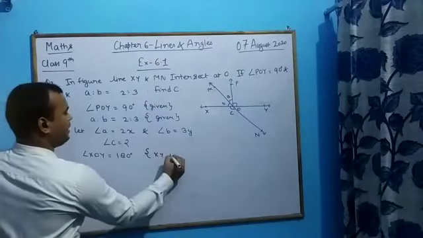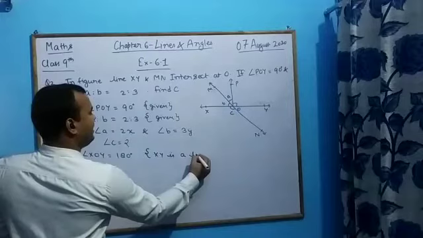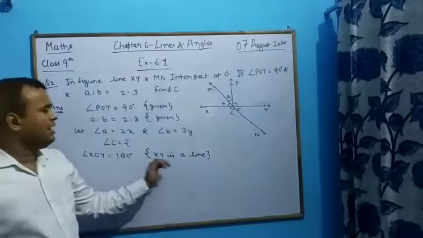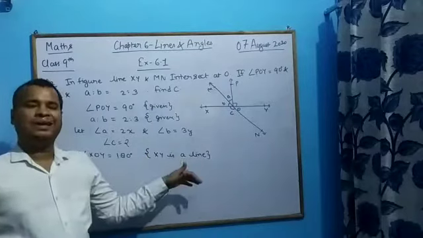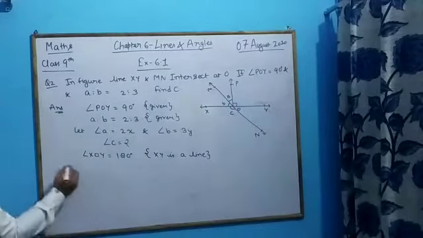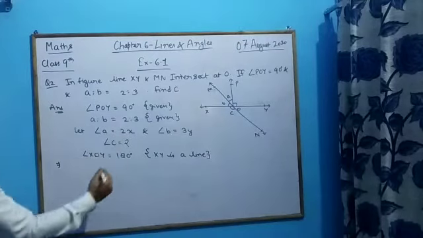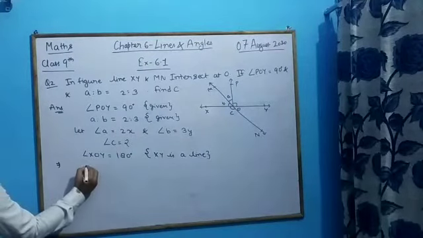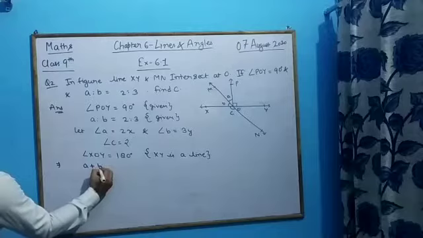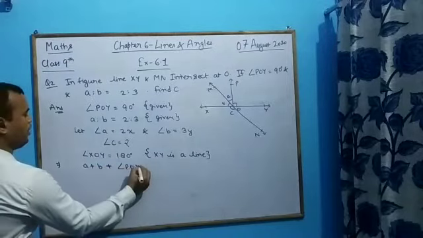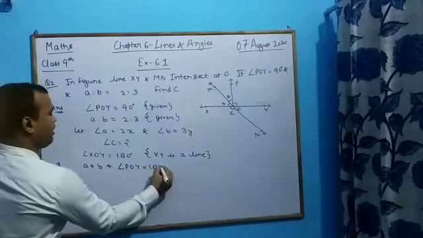Because XY is a line, and we know that on a line the angle is 180. Now, when we take angle XOY we get three angles: angle A, angle B, and the third one is angle POY, equal to 180.